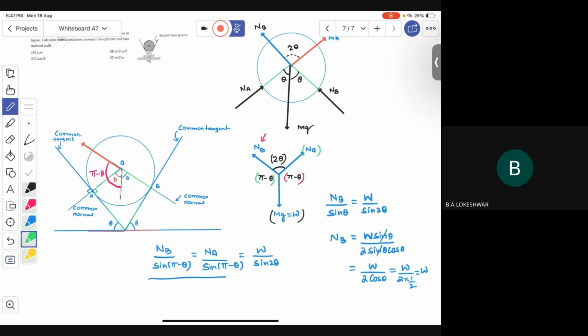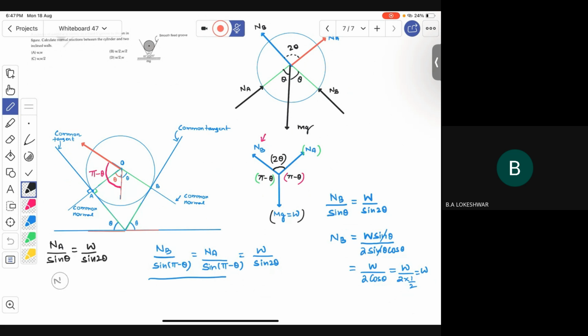Same thing I can do. Here I wrote the first one equal to the third one. Then I'll write the second one equal to the third one. We will have NA by sine pi minus theta, which is also sine theta, equals W by sine 2 theta.